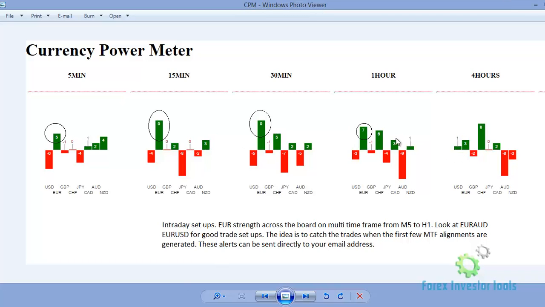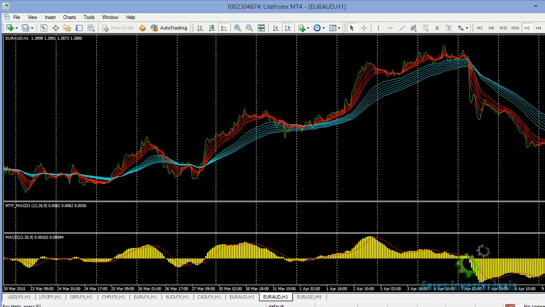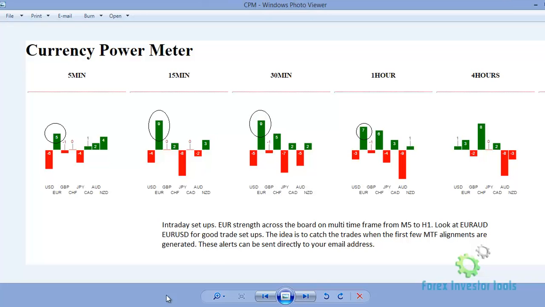Euro is strong, and Euro AUD is my currency pair which I want to use. Now, if Euro AUD is in an uptrend, and my currency power meter is telling me that Euro AUD is a pair you would want to trade, one way I would trade is when I have euro strong on all the time frames, right?